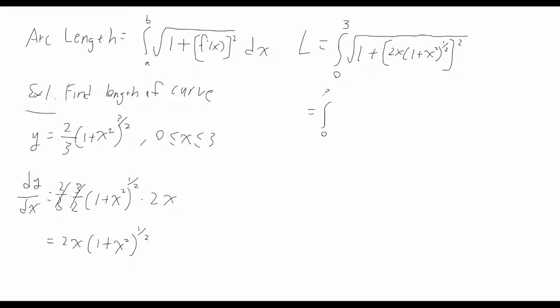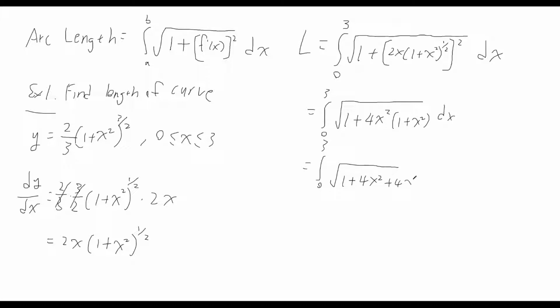From 0 to 3, square root of 1 plus 4x squared times 1 plus x squared dx. Forgot the dx here. All right, let's clean this up a little bit. This is 1 plus 4x squared plus 4x to the 4th power.